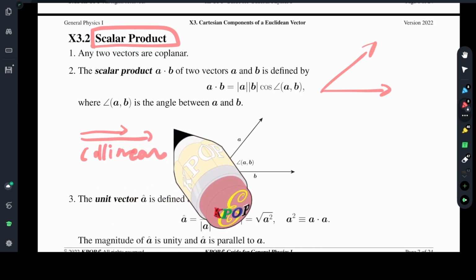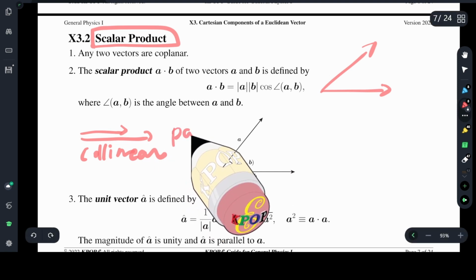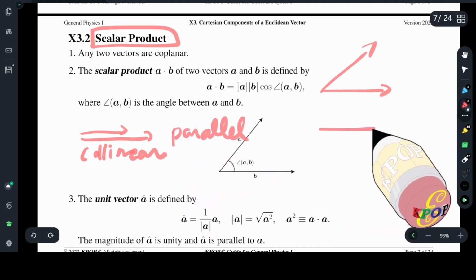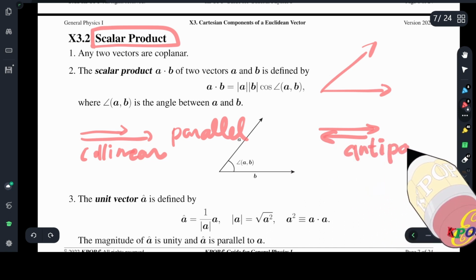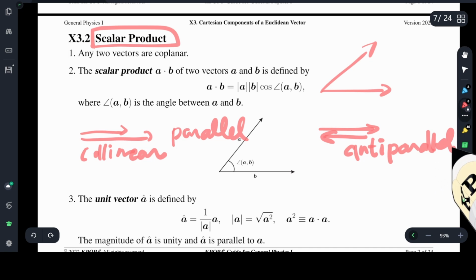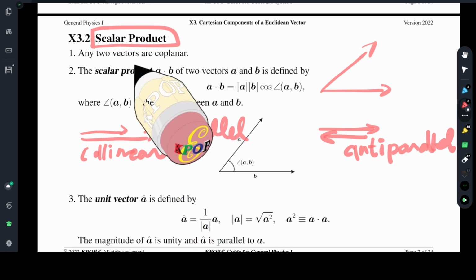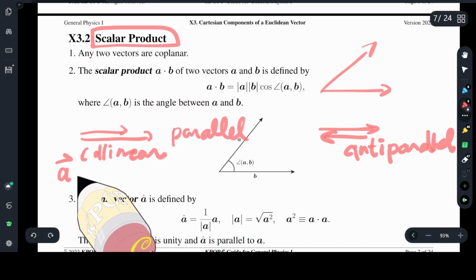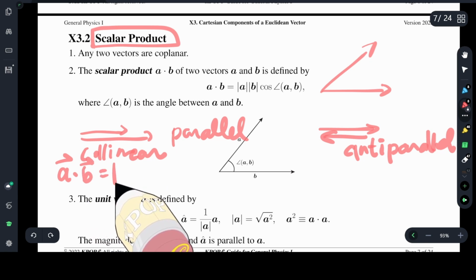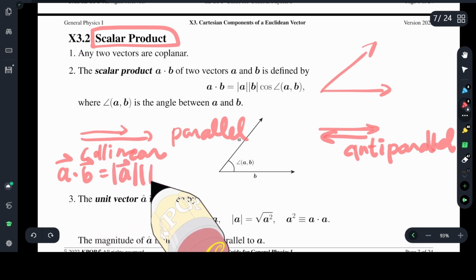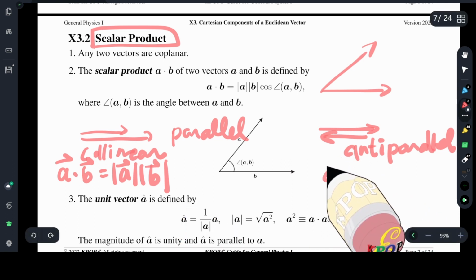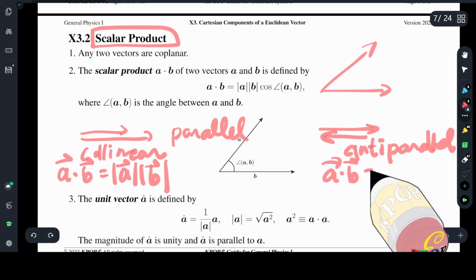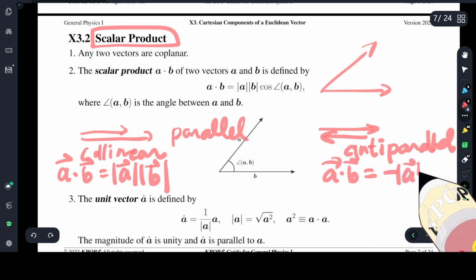If they are collinear, it is either parallel or anti-parallel. If they are parallel, the scalar product is defined by just the product of magnitudes. If they are anti-parallel, the scalar product is defined by minus the product of the magnitudes.